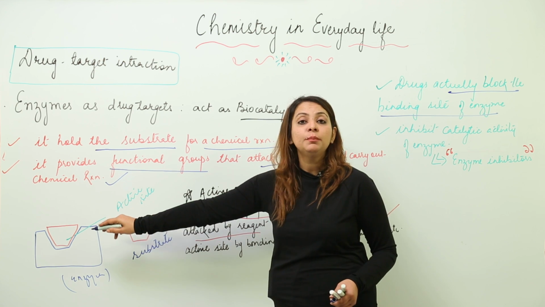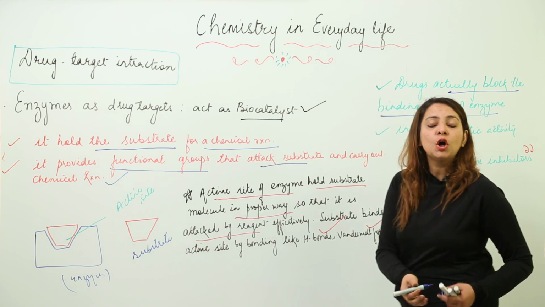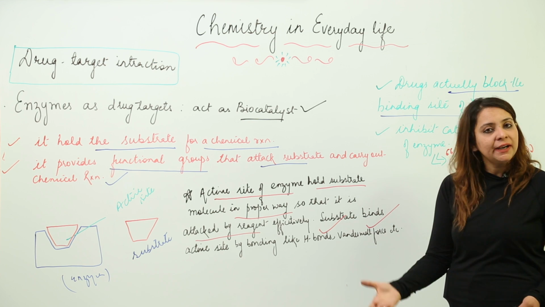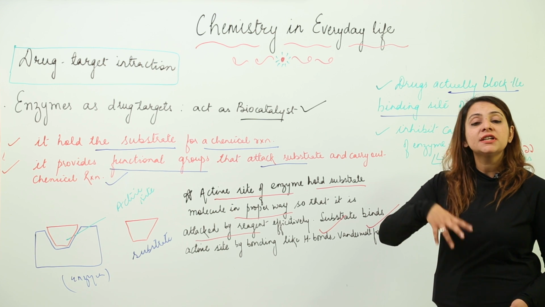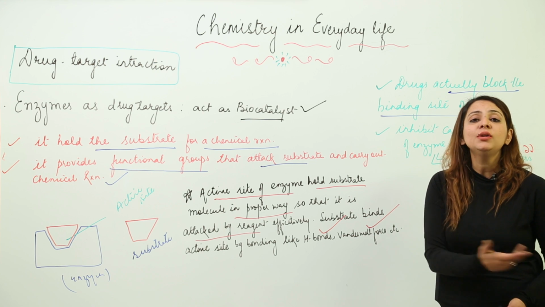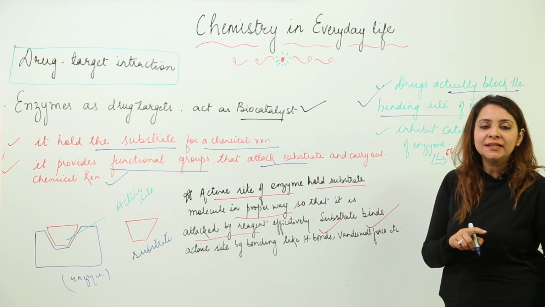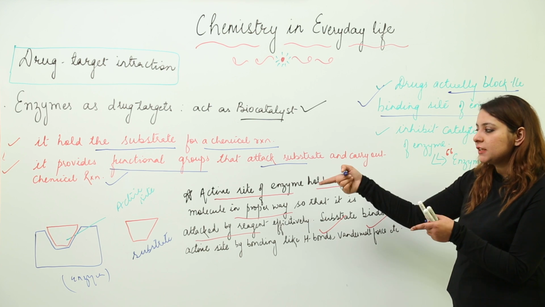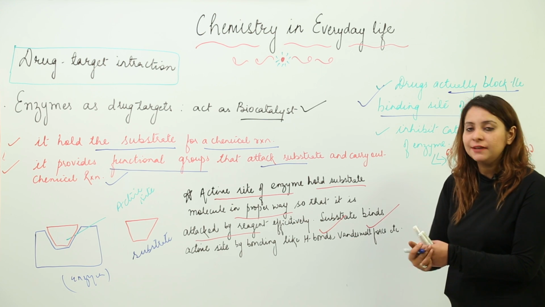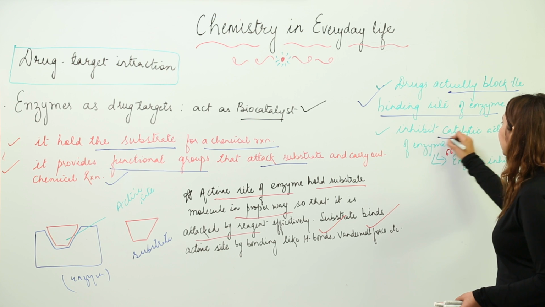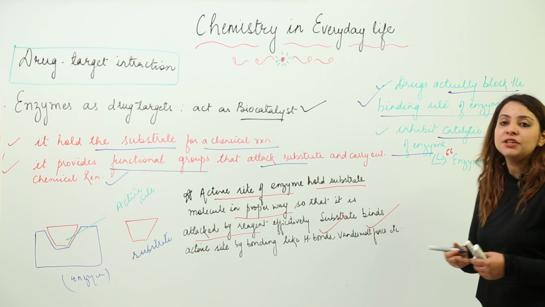Obviously, if the blockage occurs, the substrate won't fit there, and then how is the reaction going to take place, right? So this may happen: the drug can block the active site. Secondly, it can inhibit the chemical activity of the enzyme.